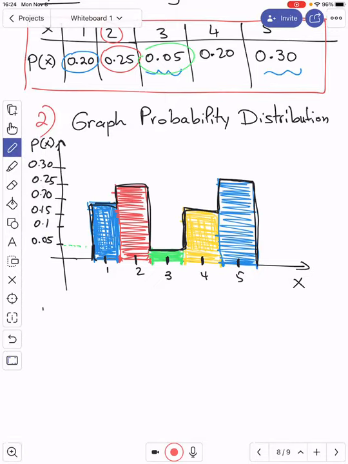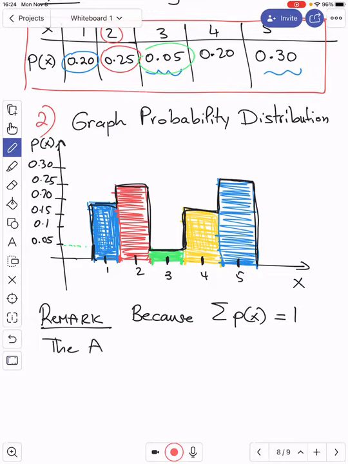Just to remind you, that's because the sum of the probabilities is equal to 1, so the area under the graph is equal to 1 unit square, of course. Okay. Any question about this graph of the probability distribution? Does it make sense to you guys?